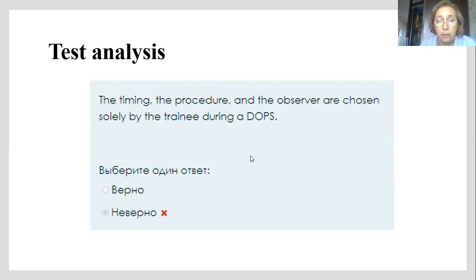So the trainee really chooses everything himself or herself. That is why you should have marked true. Here it's in Russian, верно, неверно, but in English this is true or false. So it should be true or correct.